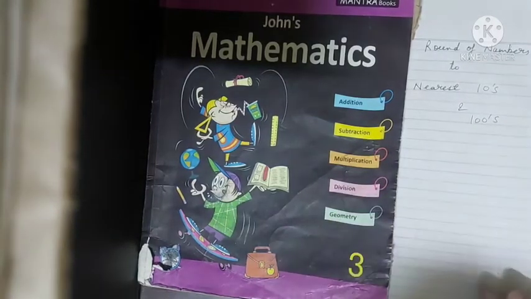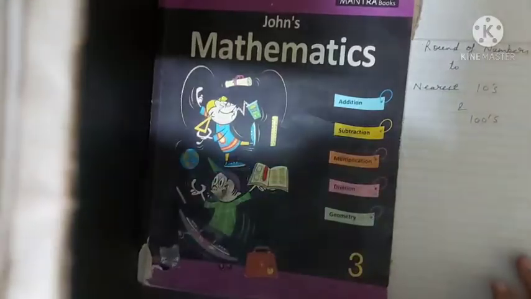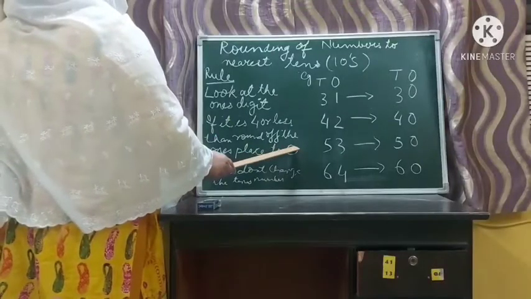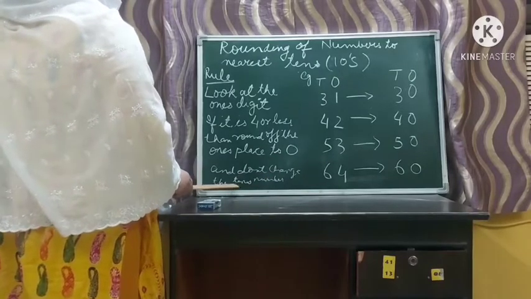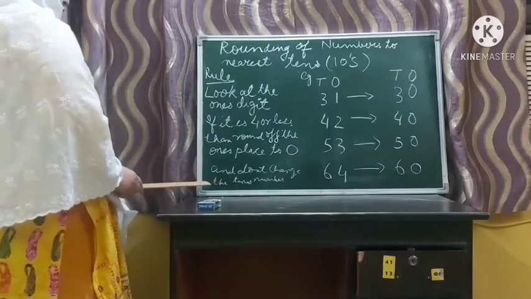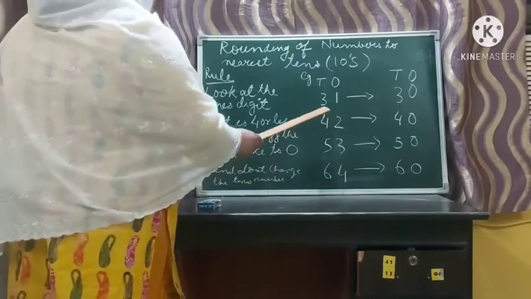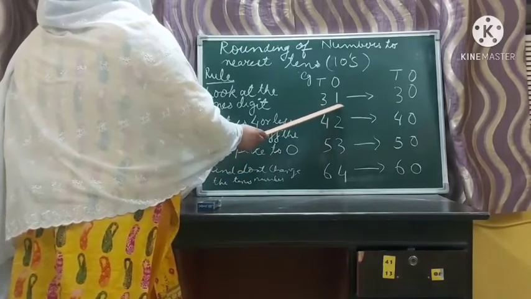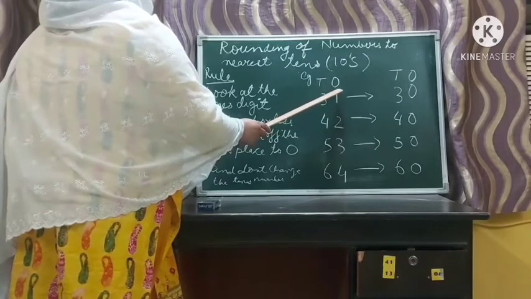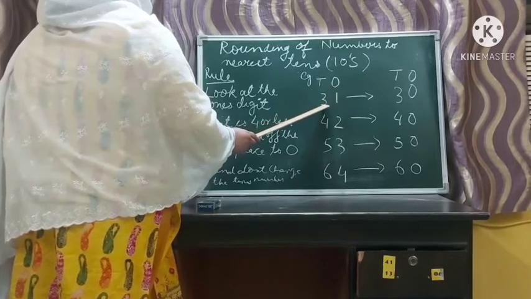So let's start when the ones digit is less than 5. Round off the ones place to 0 and don't change the tens number. This can be explained well with the help of some examples. See the number 31. In the number 31, the ones place is 1 and the tens place is 3.